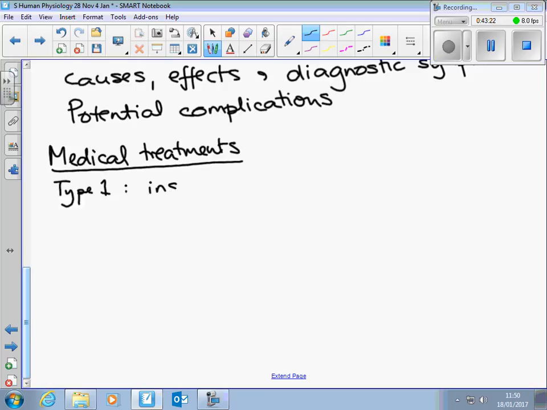So there has to be a combination of insulin and dietary control. But there's also quite a lot of potential for much more technological treatments. Things like insulin pumps are a potential future, e.g. pumps.